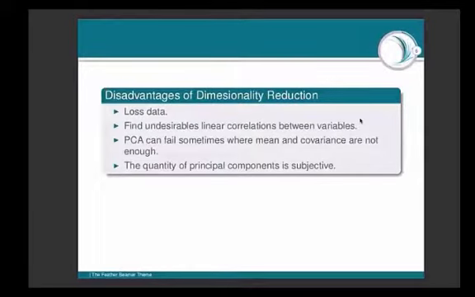However, dimensionality reduction has disadvantages. We lose data of the original dataset. We can find considerable linear correlations between variables. PCA can fail sometimes where mean and covariance are not enough.